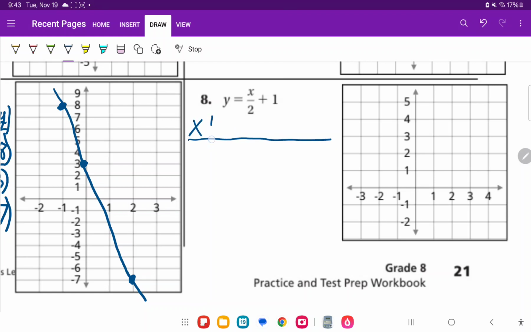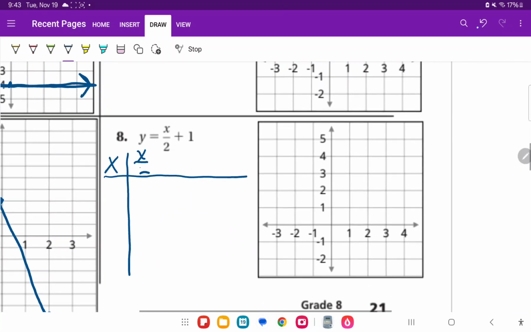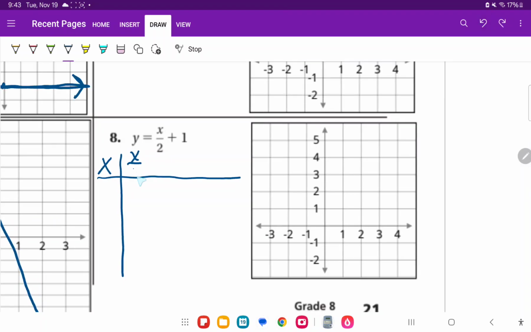This time my equation is x divided by 2 plus 1, x over 2 plus 1, and that's going to give me the y, and then I'll have my point to plot at the end.